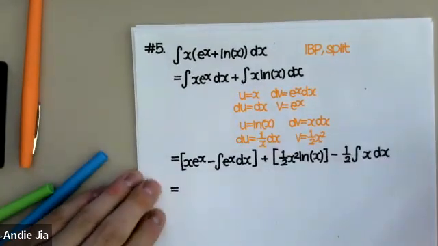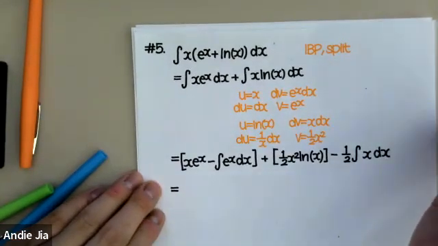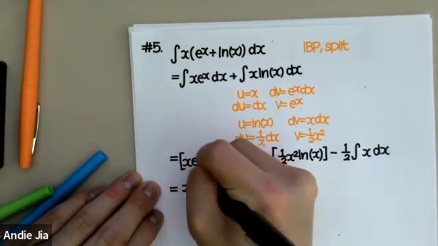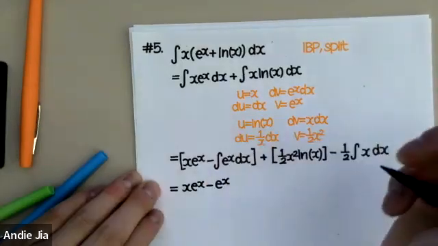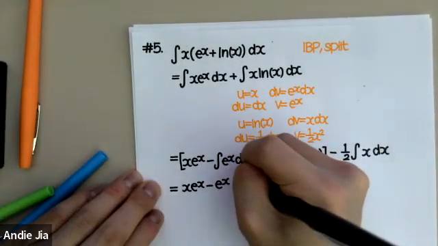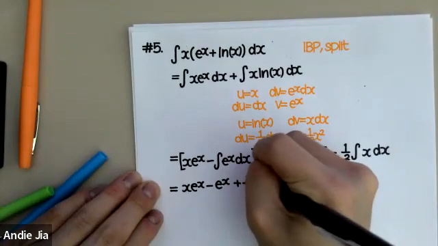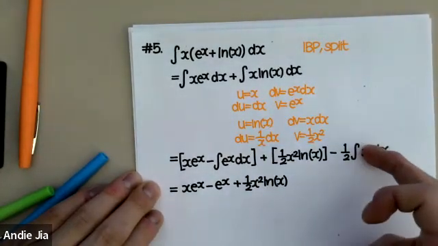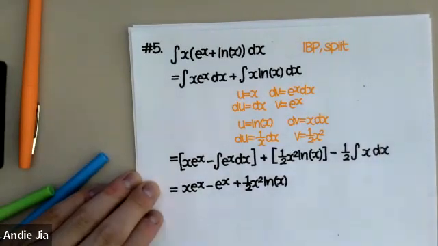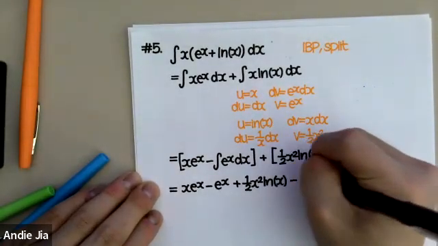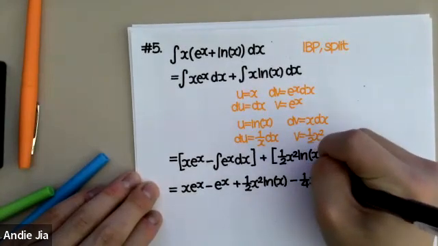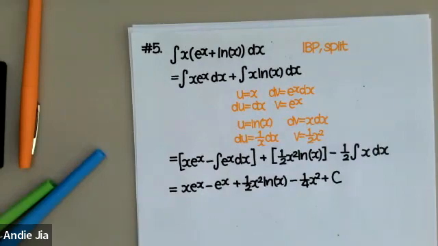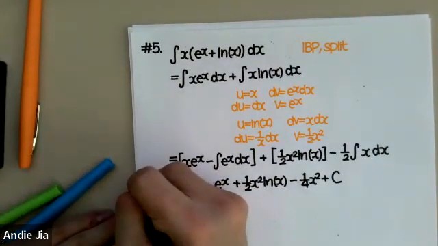The total result of the integral is x e to the x minus e to the x plus 1/2 x squared natural log of x, minus 1/4 of x squared, plus constant of integration. Then we're done with this integral. Nice job.